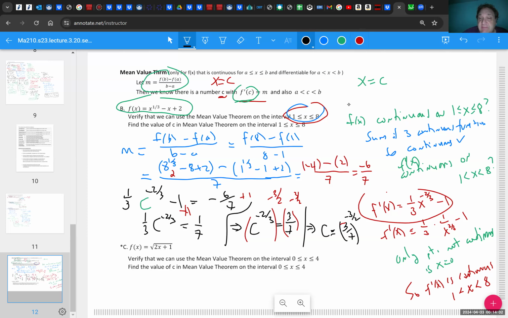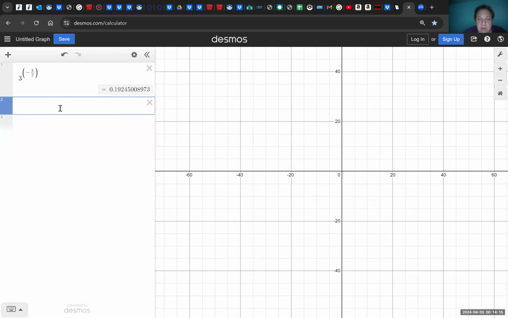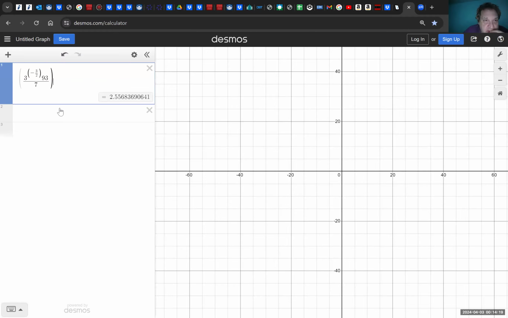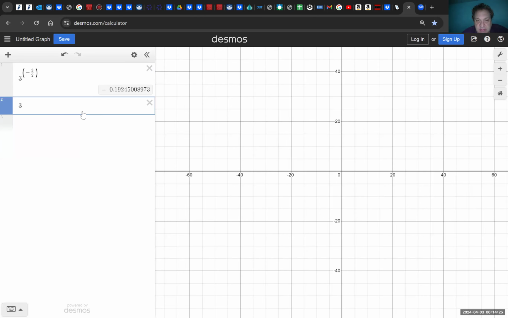Now, this value of c is supposed to be between 1 and 8. So let's verify that it's between 1 and 8, because if it's not, we did something wrong. So 3/7 to the -3/2 power. I'll use parentheses.